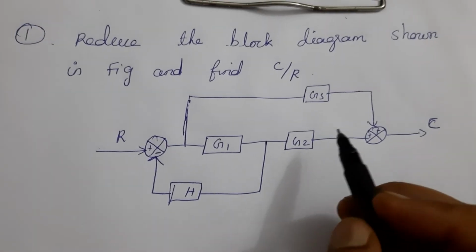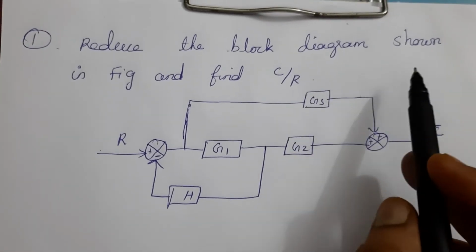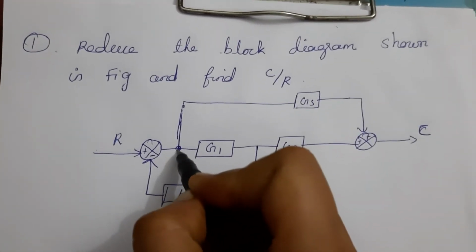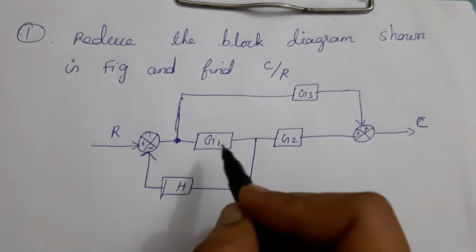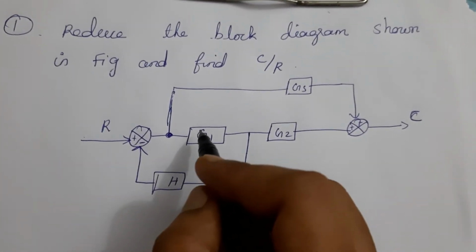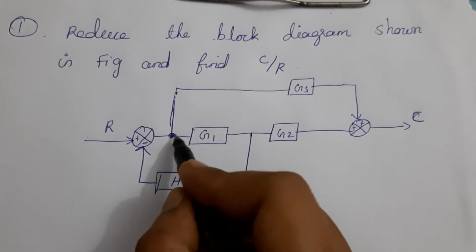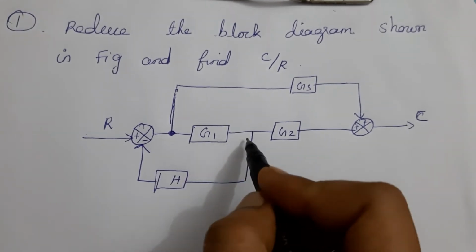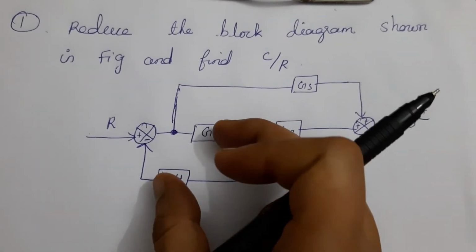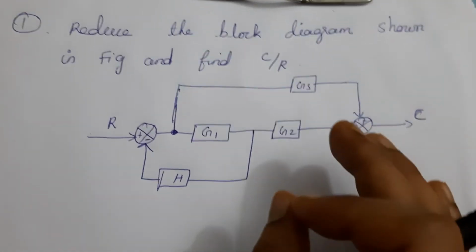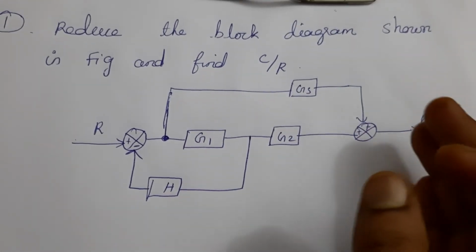Now we are going to solve this problem. Reduce the block diagram shown in the figure and find C by R. So first, this is a branching point, and this is a summing point, and these are blocks, and these are the three elements in a block diagram. So first we move this branch to ahead of this G1 block, then only can we get a feedback loop here, but without any modification we cannot find the transfer function.